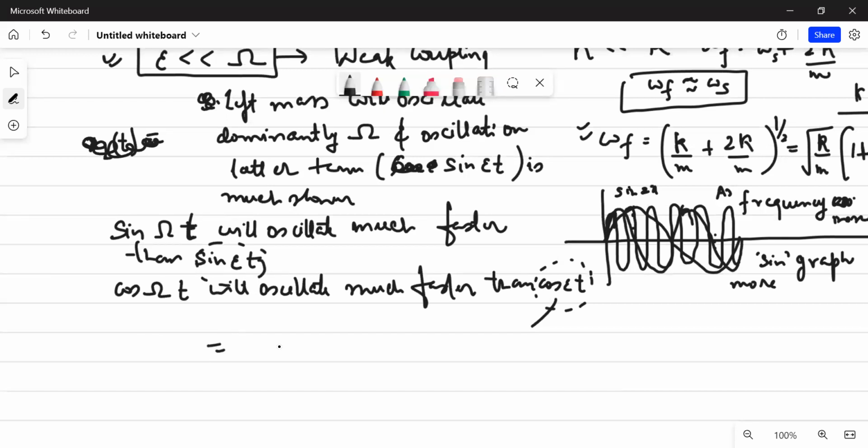So if you see, generally it is A sin theta, right? Now you are having A sin epsilon t, and then you have sin omega t. So look, in the time that it is oscillating rapidly, your sine epsilon t is slowly decreasing.